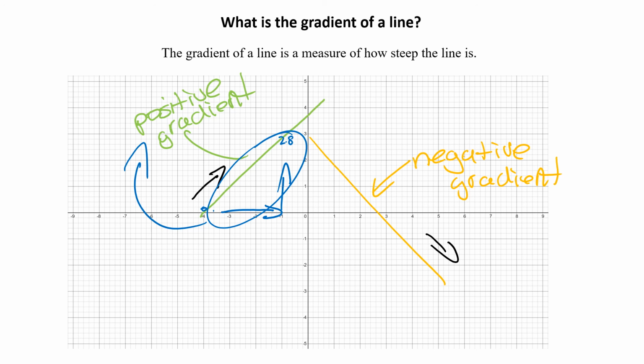If on the other hand I'm still going across, but my numbers are going down, so here it's coming down, starting at nearly 3, let's say roughly 3, and going down to 0 here, my y values are going from more positive to less positive or becoming negative, then I have a negative gradient. So that's the way to think of the two types of gradients.